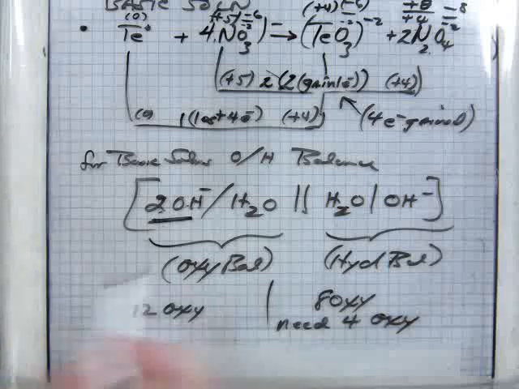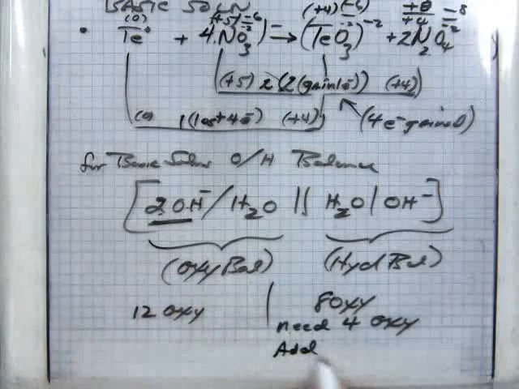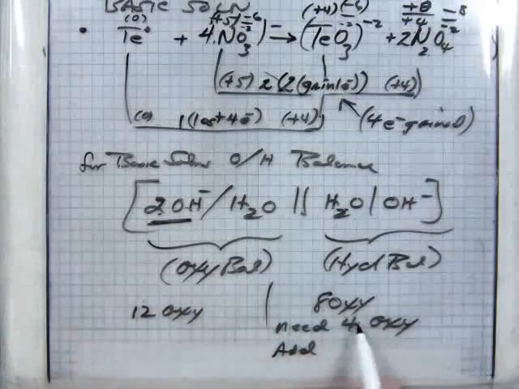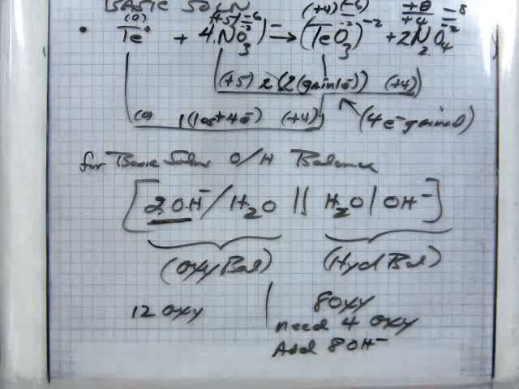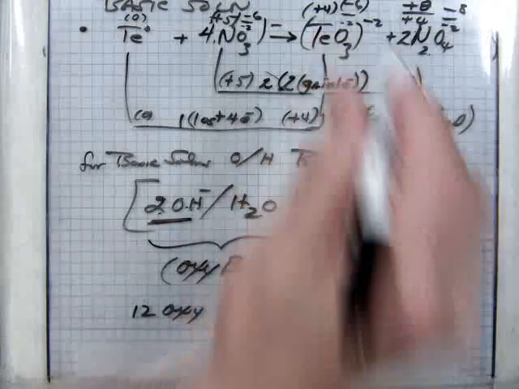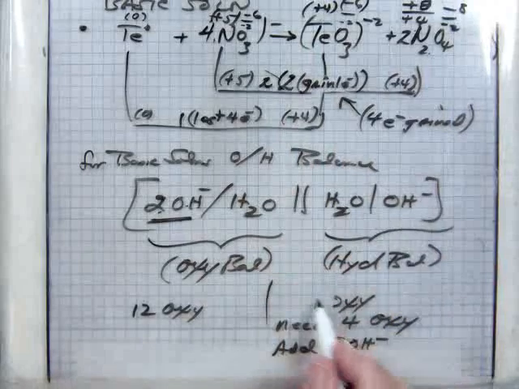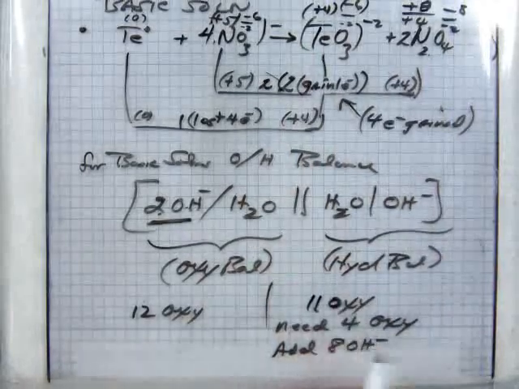But the rule says add 2 hydroxides per oxy needed. So if I need 4, I need to add 8 hydroxides to the product side. Yeah. Aren't there an additional 3 oxygens in the... Let's see, I got 8. Oh, I forgot those other 3, didn't I? 2, 4, 8, 9, 10, 11 oxys. My bad. 11 oxys. Thank you, sir.